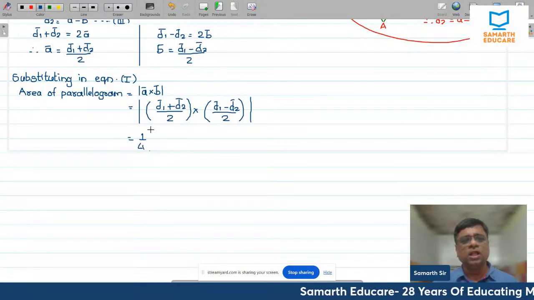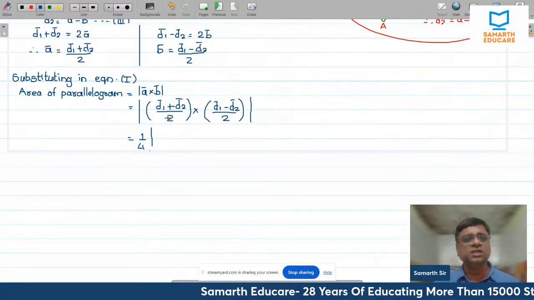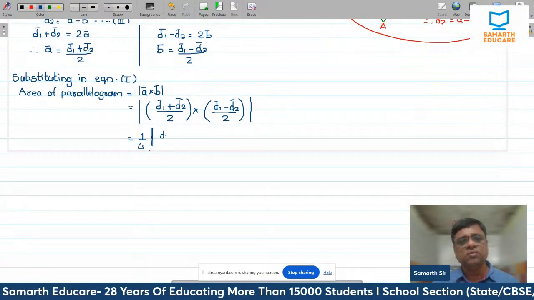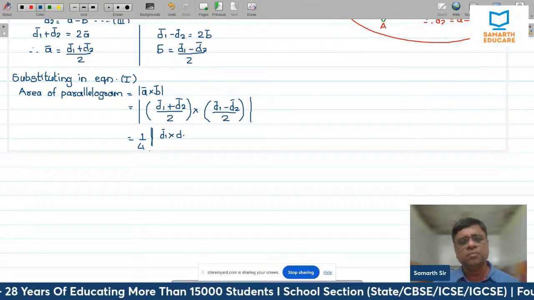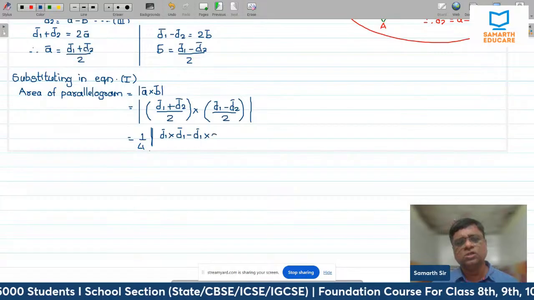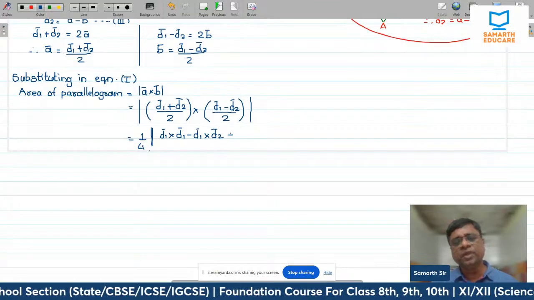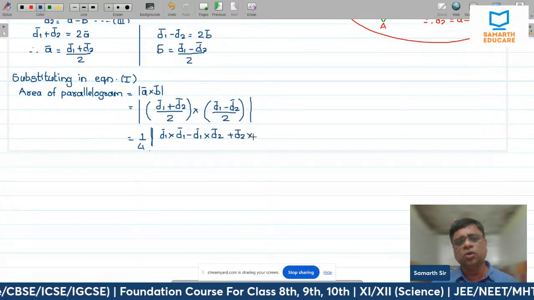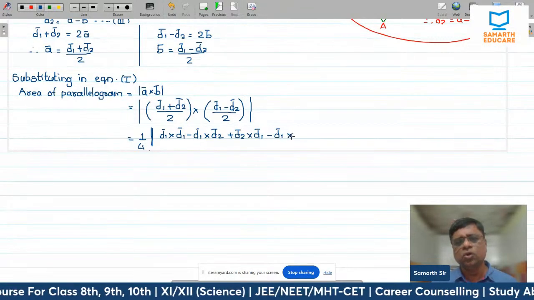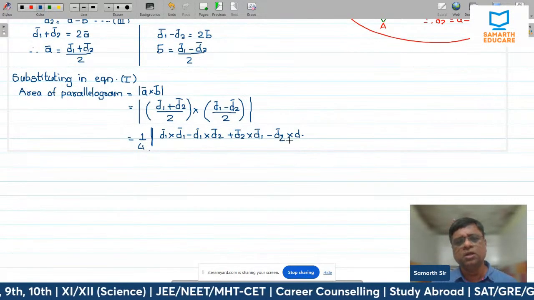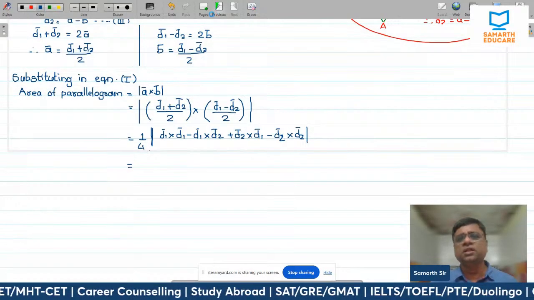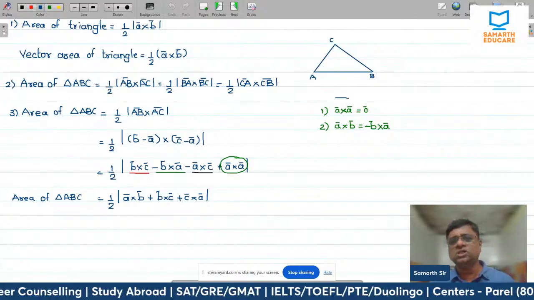Okay. और अंदर जो है मल्टीप्लीकेशन होगा जैसे हमने प्रीवियस केस में किया था. So this is d1 bar cross d1 bar minus d1 bar cross d2 bar plus d2 bar cross d1 bar and minus d1 bar cross d2 bar cross d2 bar. All right. Now, just like we did in the previous case, यहाँ पे हमने दो चीजें सीखी थी.